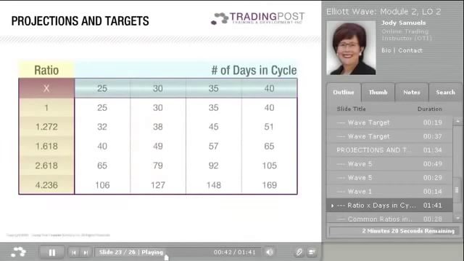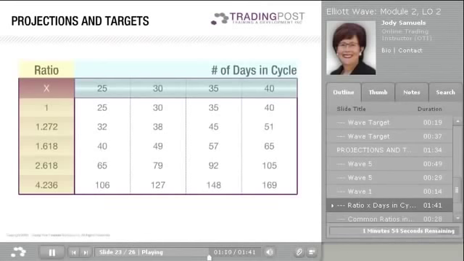This is a common approach to using Fibonacci ratios to identify turning points in currency markets. As you can see, it requires multiplying the distance in time or days between two important cycle extremes by Fibonacci ratios and projecting the results forward in time. The table shows the Fibonacci ratio in the left column and the number of days in the cycle across the top.